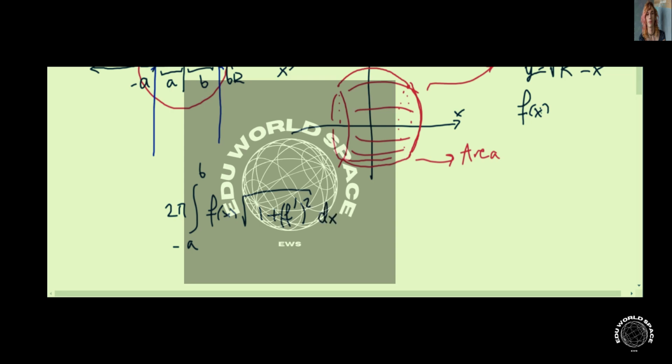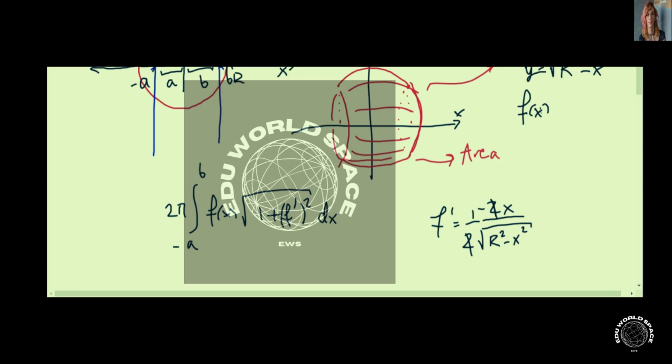dx. So for this function, f prime is equal to, well, we have the square root, so we would have 1/2 of 1 over that square root, and then times the inner derivative of that, that is minus 2x.